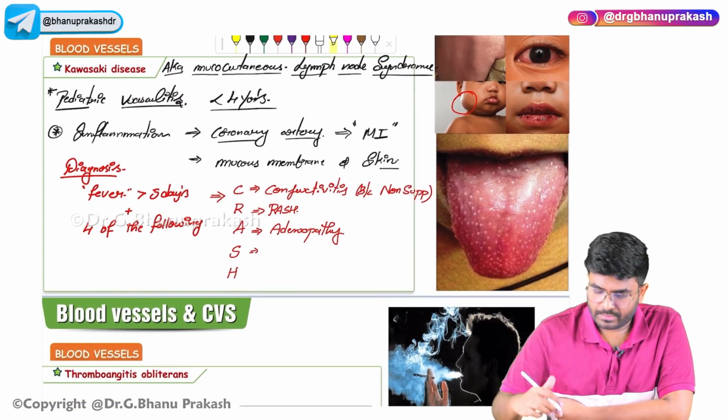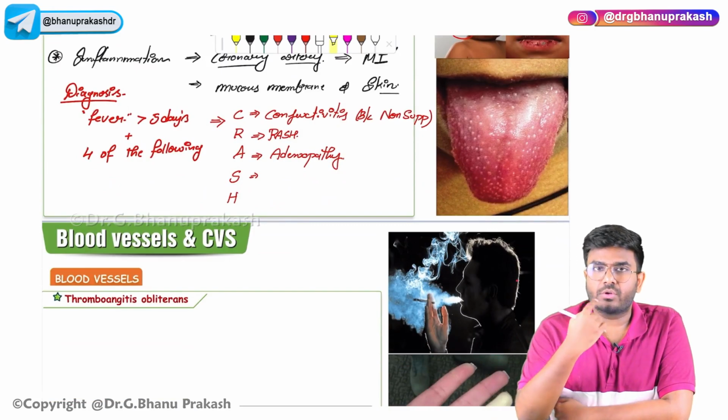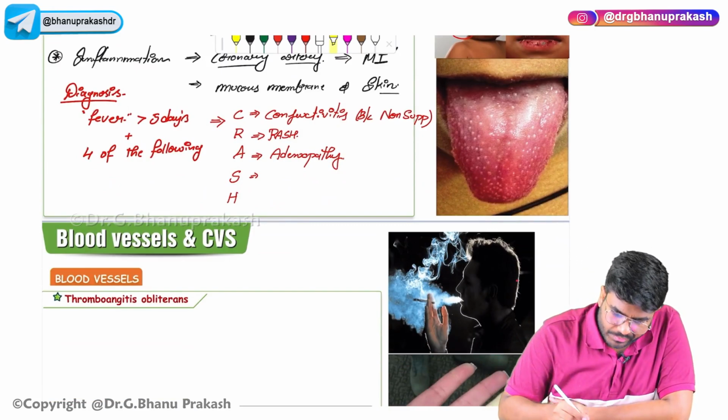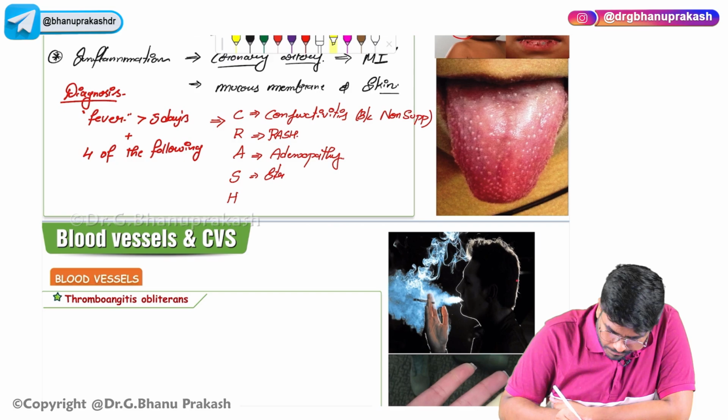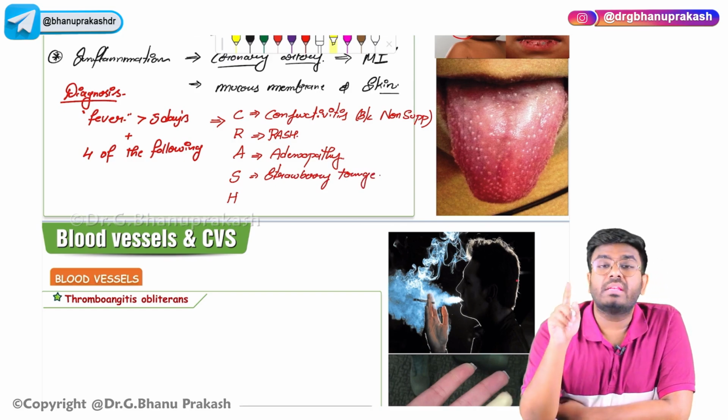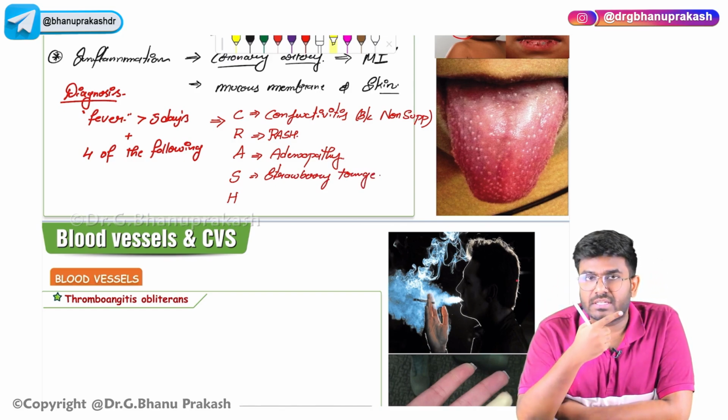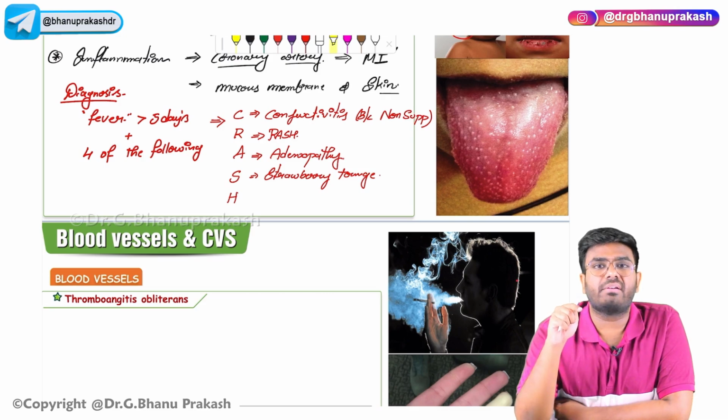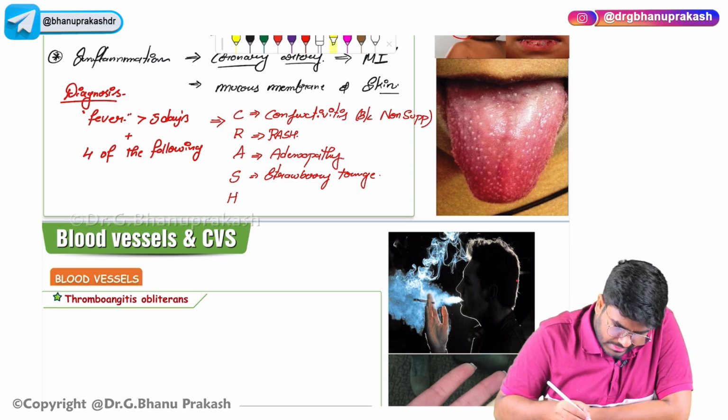You can look here, I hope you can see this, the tongue which is looking like a strawberry, inflammation of the mucous membranes. Strawberry tongue. Later we will be discussing the strawberry gums, that's a different thing. Strawberry tongue is seen in Kawasaki disease. And what is this H?